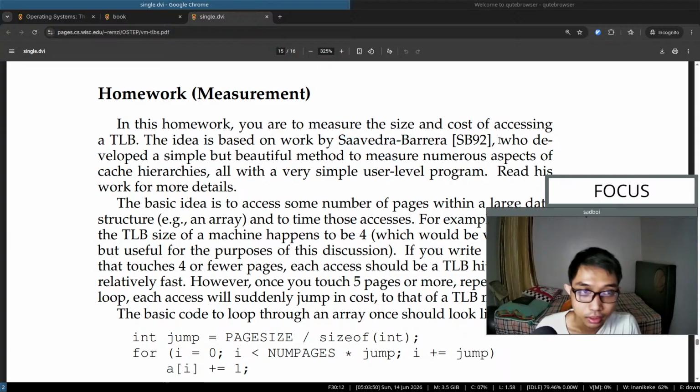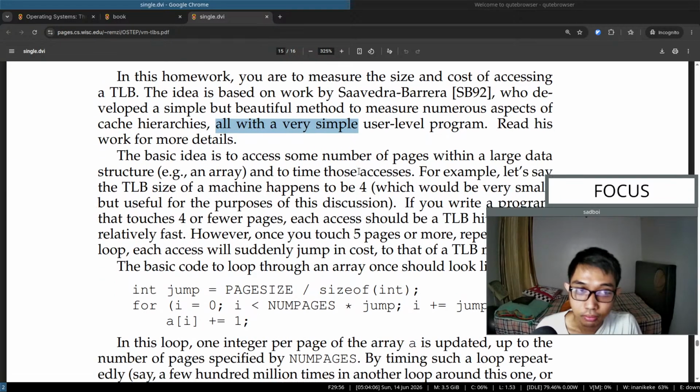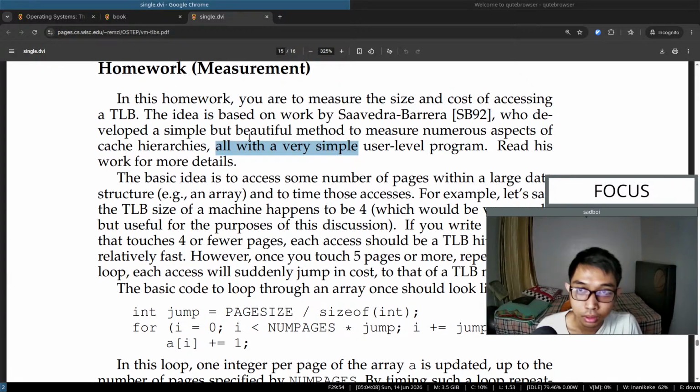Okay, they developed a simple but beautiful method to measure numerous aspects of cache hierarchies with a very simple user-level program.